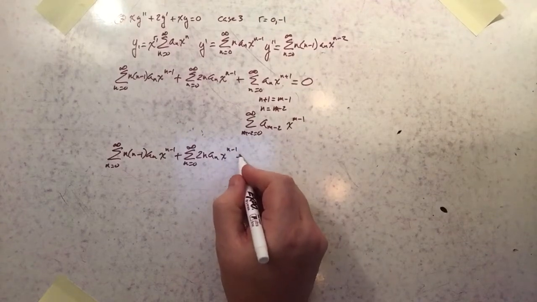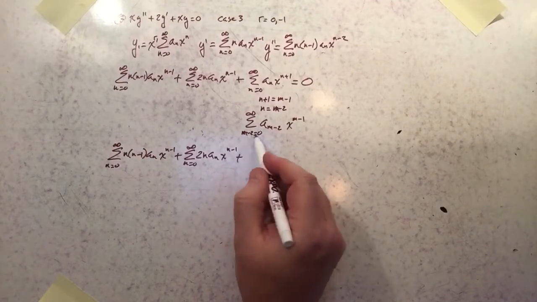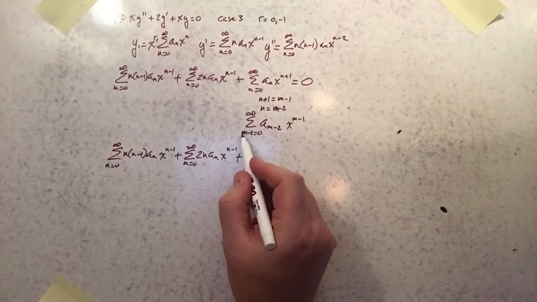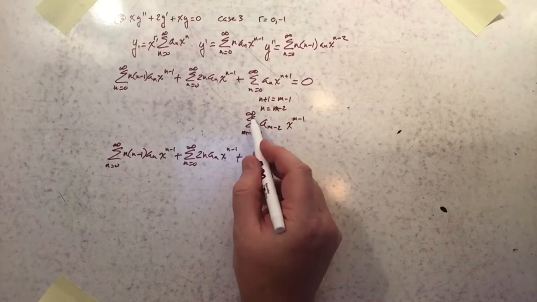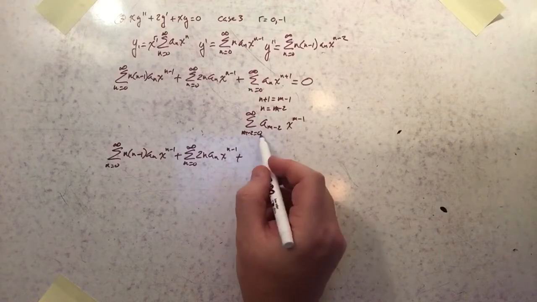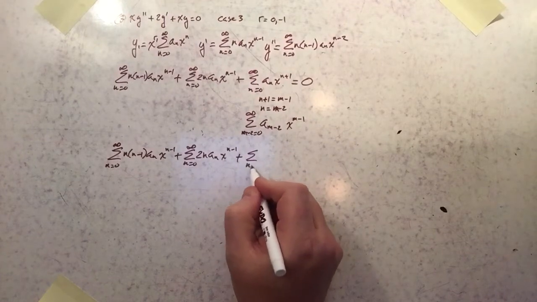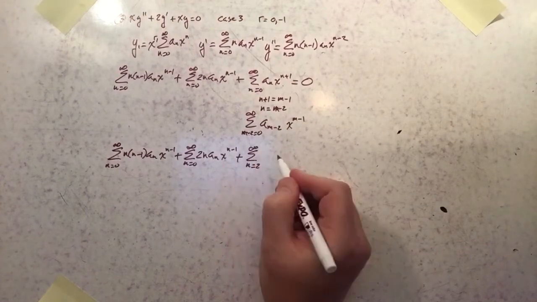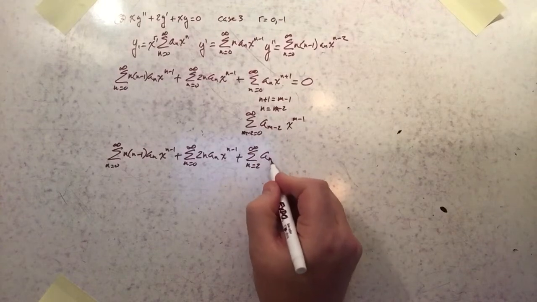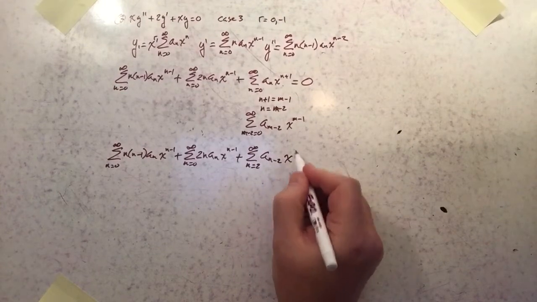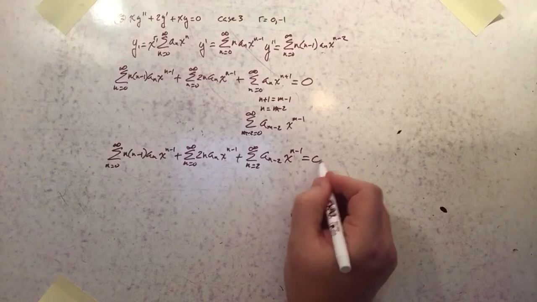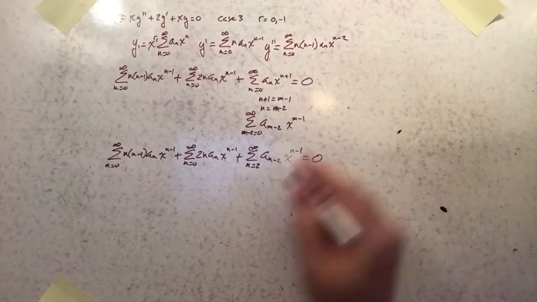And then this one's going to change. This will be plus, and I want to change the m's back into n. So if m-2 goes from 0 to infinity, then n goes from 2 to infinity. So the summation n equals 2 to infinity of a_(n-2) x^(n-1) equals 0. That change in index has achieved my goal.